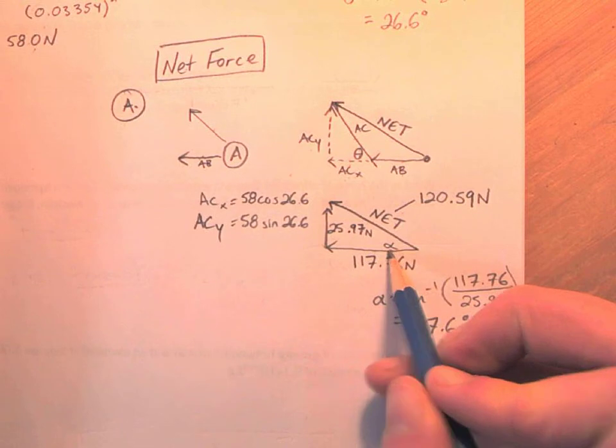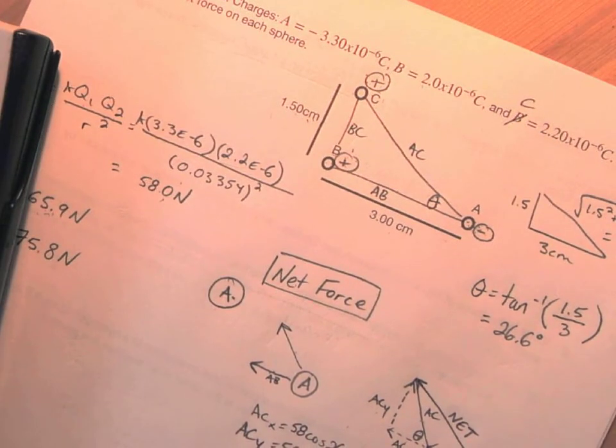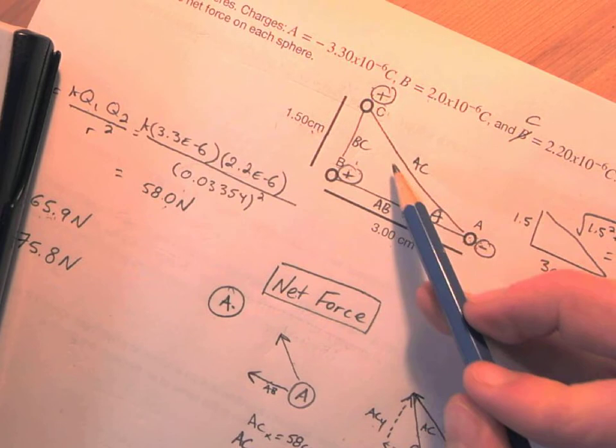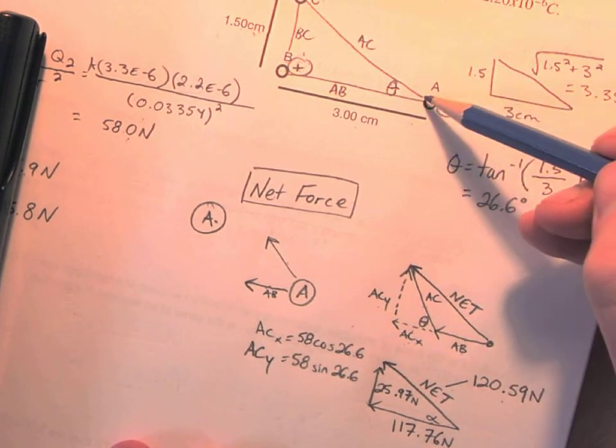Okay, so it's going to be pulled at 120.59 newtons in this direction, which is 77.6 degrees above the horizontal.